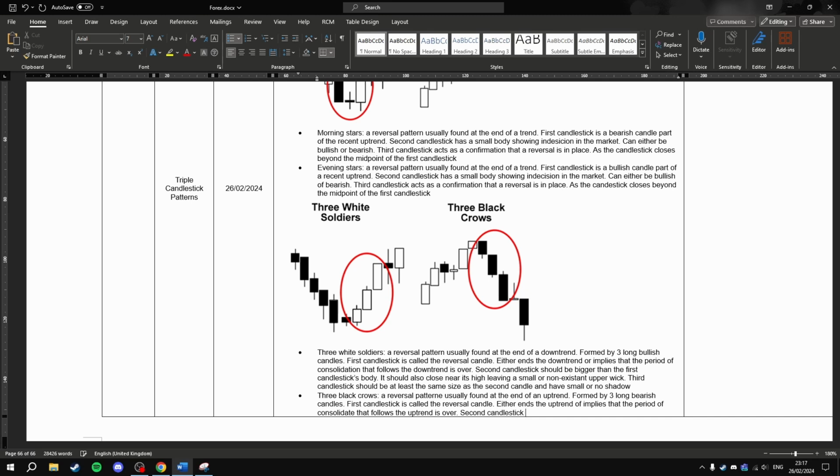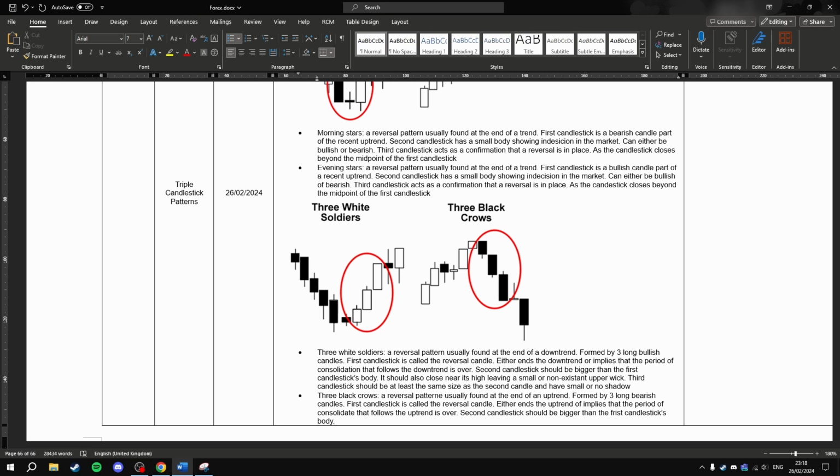The second candlestick should be bigger than the first candlestick's body. It should also close near its low, leaving a small or non-existent lower wick.